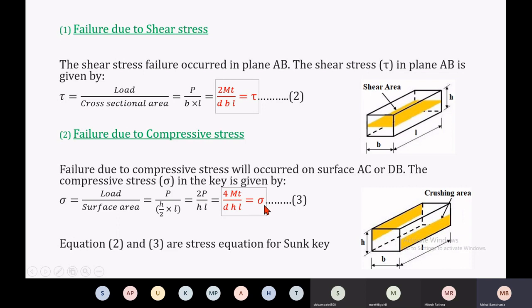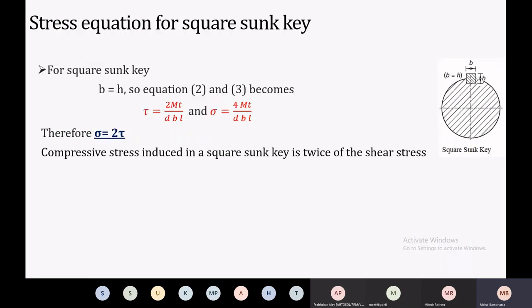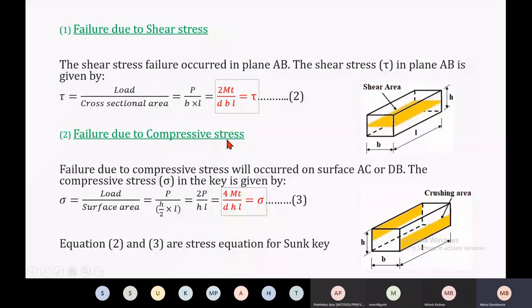It gives the compressive stress, also referred to as crushing stress. This equation number 3 is the stress equation for the crushing phenomenon, and equation number 2 is the stress equation for shear stress. These are the two probable causes for failure, and these stress equations are for the rectangular sunk key.